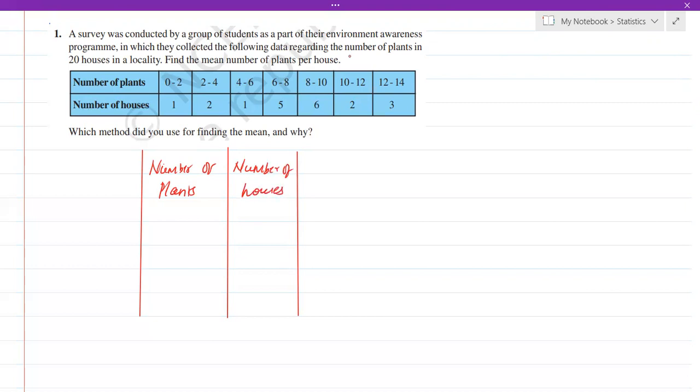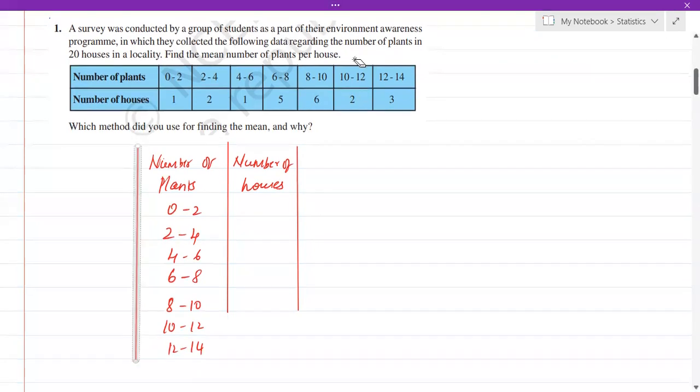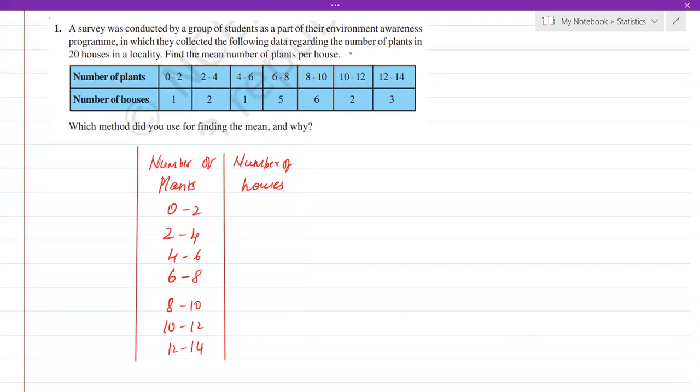The first one will be 0 to 2, 2 to 4, 4 to 6, 6 to 8, 8 to 10, 10 to 12, 12 to 14. Let's draw this line a bit bigger. I'll take the question in red color, and whatever we solve, let's take it in a different color. So this is the question that they've given. I'm just reconstructing the table. That's it.